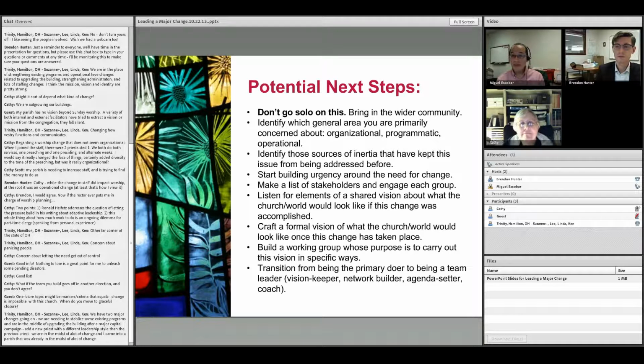It really implies a willingness on the part of multiple parties, including the core leaders, to entertain the possibility of change. In certain places that's not the case, and I think change becomes very near impossible if the key decision makers, the rector, for instance, or the entire vestry, is unified in being absolutely against any possible change.